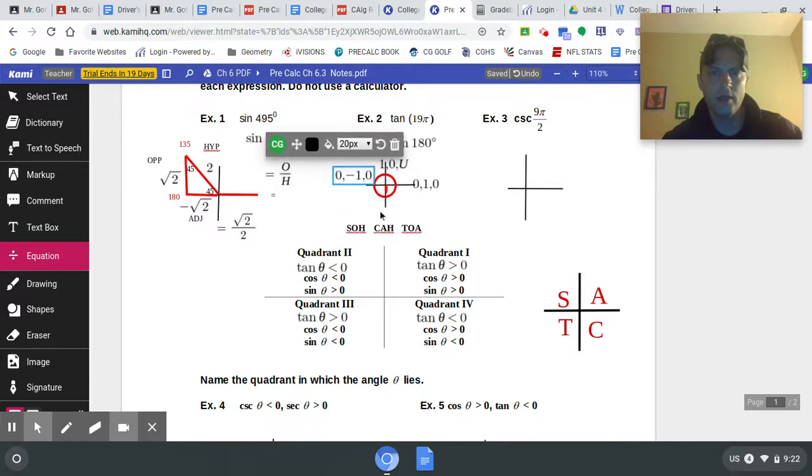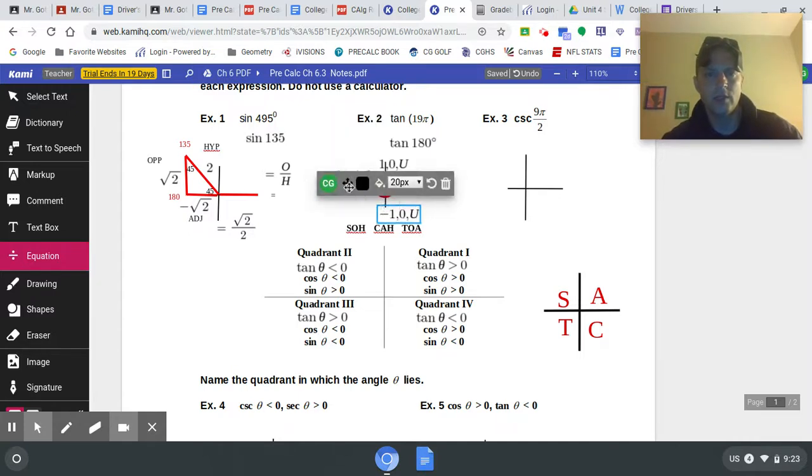At 180 degrees, and then down here, I would have negative IOU. Okay. Now, those are, again, in terms of sine, cosine, and tangent. SOHCAHTOA.